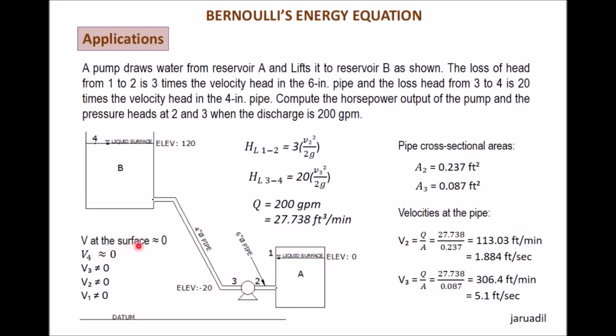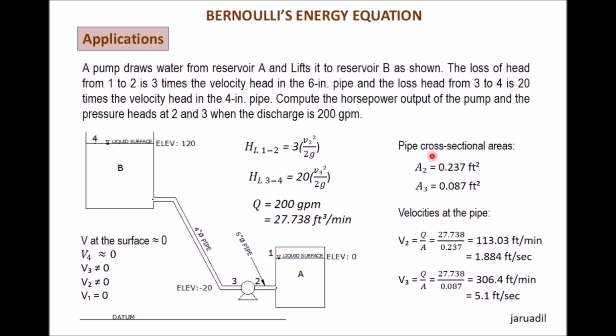Now the velocity at the surface at 4 and 1 are 0 because the velocity is negligible compared to the velocity at the pipe. The velocity at 3 of course is not equal to 0. This has a velocity, and also the velocity at point 2 is not equal to 0.